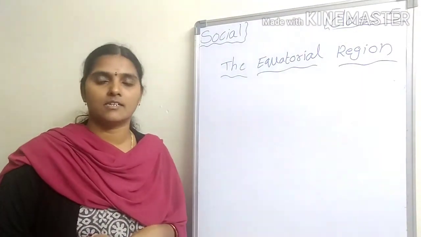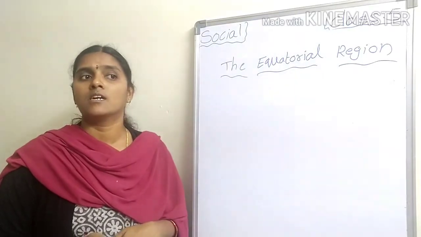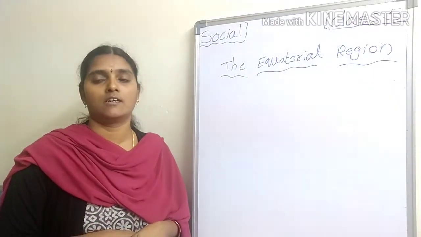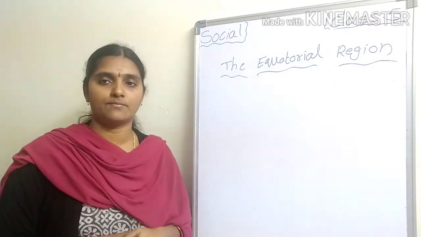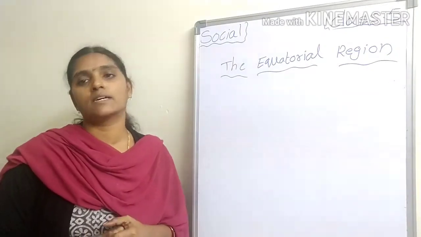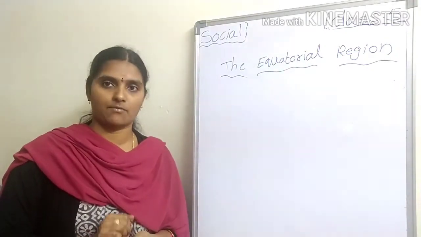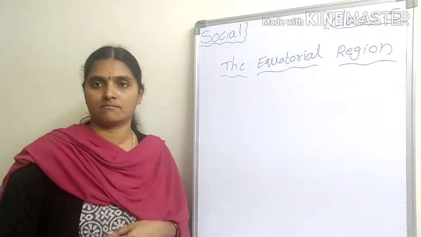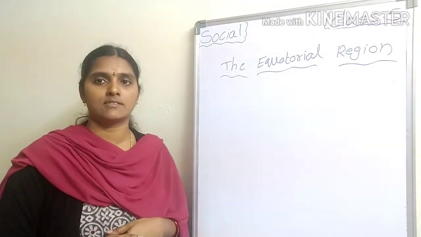This is called decomposition. The equatorial rainforests have a rich wildlife. The equatorial rainforest covers 2% of the Earth's surface. It has many animals and birds.